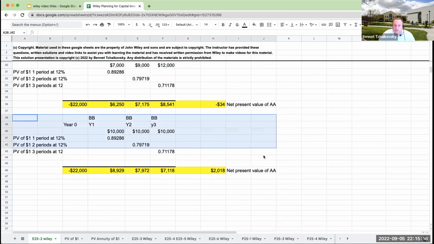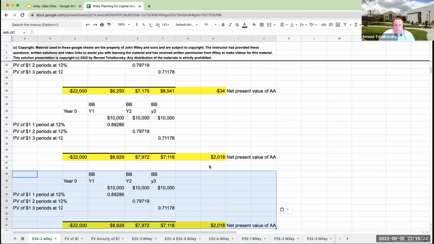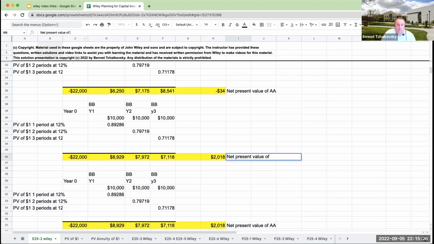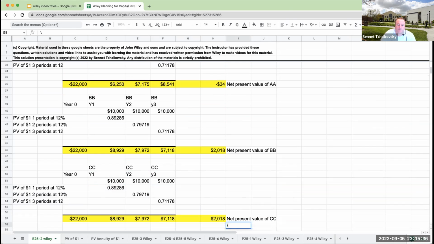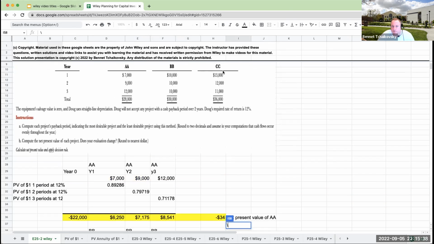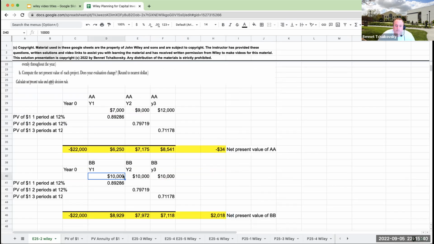Do the same thing over here. Let's go to project CC. So over here for CC, CC, and CC, this is going to be over here. The cash flows were 13, 12, and 11.